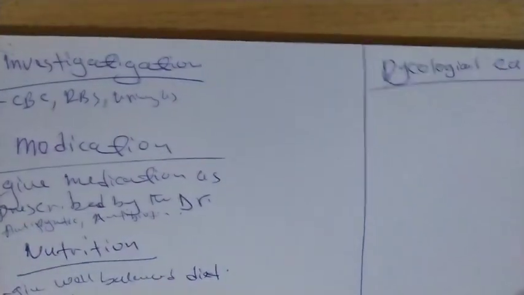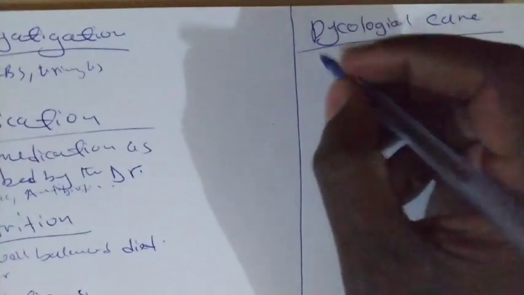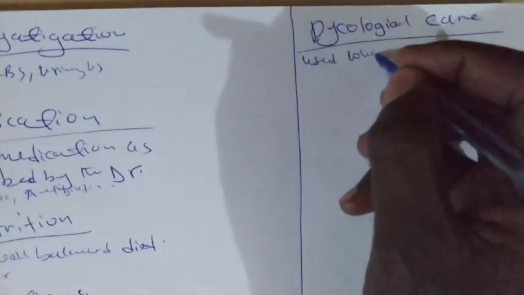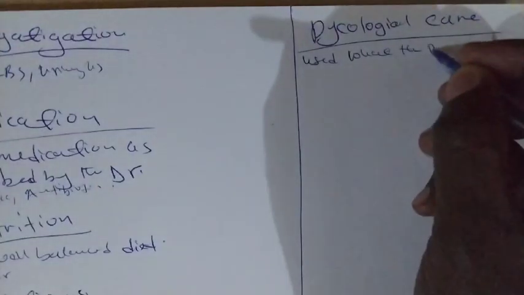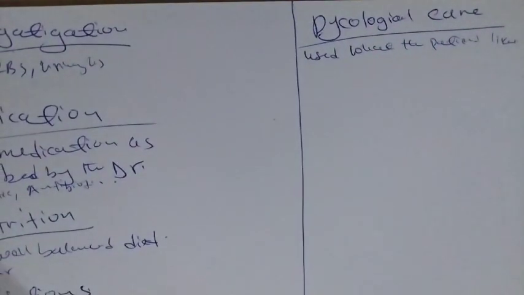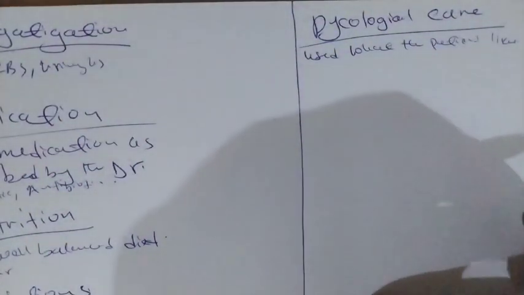So what are the things which you do under the psychological care? One, you use what the patient likes. You also involve the patients in the care, like if you are doing something, say, can you help me do this, but not the procedures. And then, if the patient likes reading books, you provide them with books and newspapers.